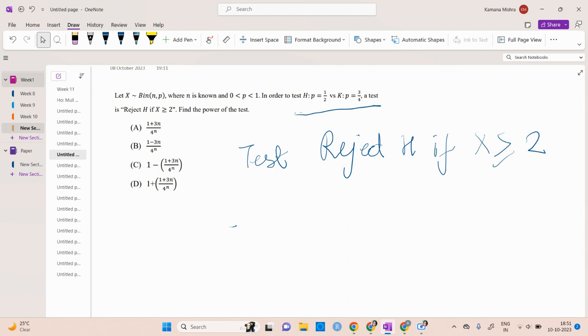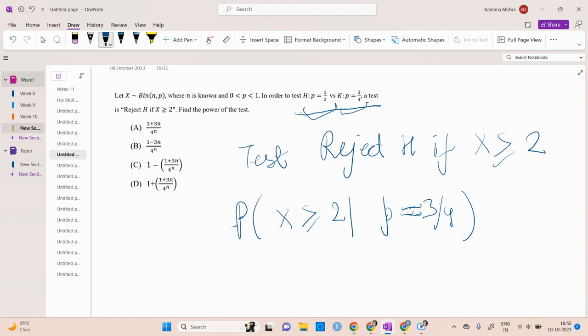So whenever you need to find the power of the test, you will always use the p given in the alternative hypothesis. And whenever you are using type 1 error, then you always use the p given in the null hypothesis, right? So here we need to find the power of the test. So power of the test will be X greater than or equal to 2, given p is equal to 3 by 4.